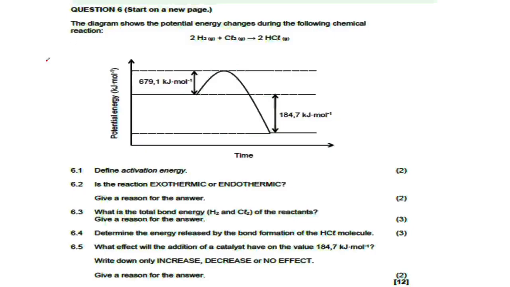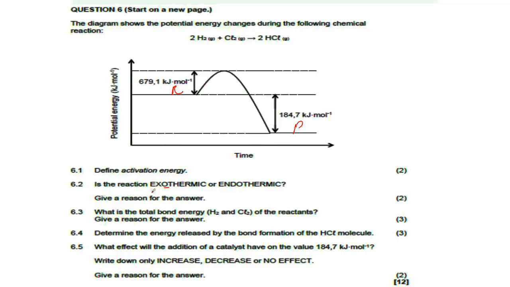Then 6.2 says, is the reaction exothermic or endothermic? Give a reason for the answer. Now let's look at this one. We can see with this one, these are the reactants, and this here are the products. So looking at this graph here, is it exothermic or endothermic? We can see that the energy of the reactant is now greater than the energy of the product, or you can say energy of the product is less than the energy of the reactants.